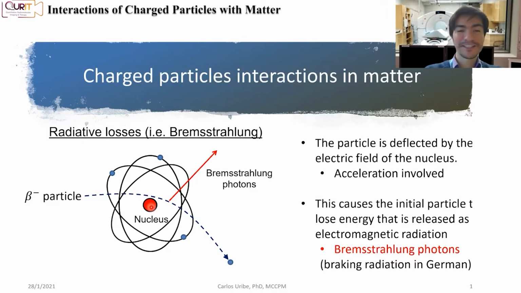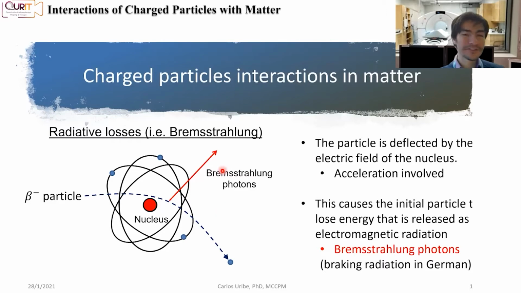This particle is going to have an acceleration, it's going to be bent. And when that particle is deflected because of that electric field, this causes the initial particle to lose some energy, and that energy is released as electromagnetic radiation.